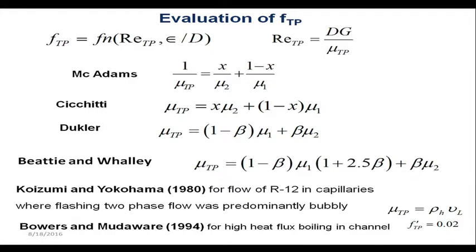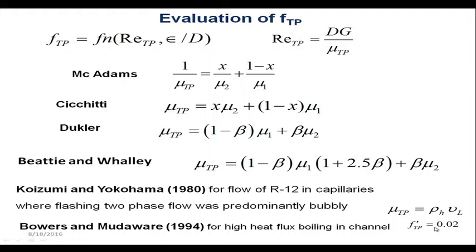And also we find that during boiling two phase flow, a few other correlations have also been proposed. This has been proposed based on the fact that R12 is flowing in capillaries, and due to flashing the two phase flow was predominantly bubbly. So, mu TP has been expressed in terms of the homogeneous mixture density and the specific volume of the liquid, and then for high flux boiling in channel, again a second correlation has been proposed.